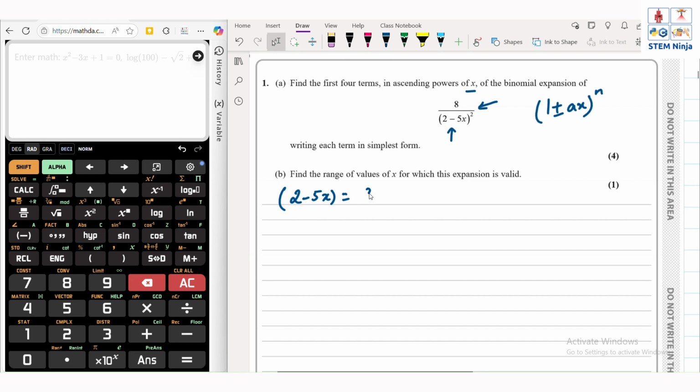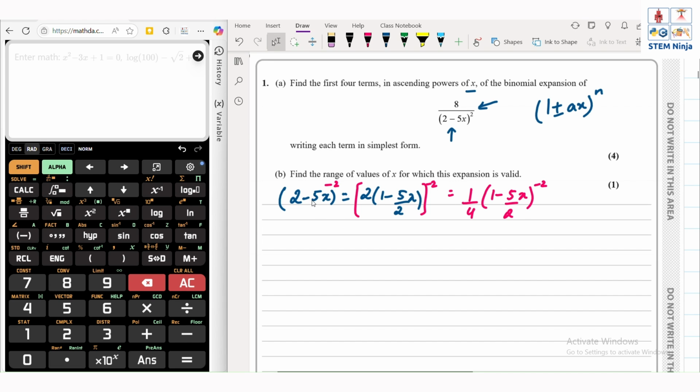When we factorize out a 2, we get 1 minus 5 over 2x, which means that if you have a square over here, you will have a square over here. And if you have a minus 2 over here, you will have a minus 2 over here also, which would mean 2 raised to power minus 2 is 1 over 4, and this would be 1 minus 5 over 2x raised to power minus 2.